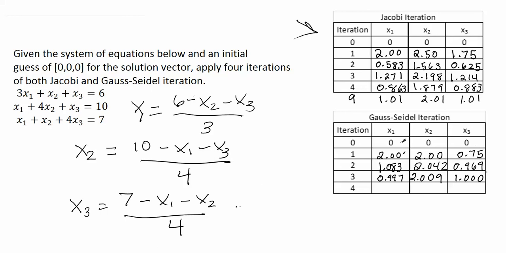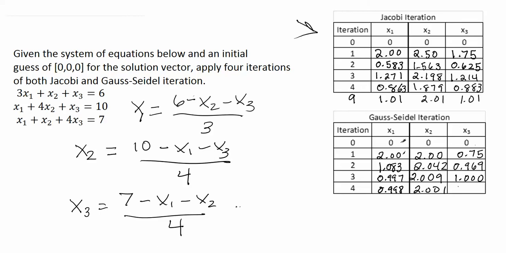So in iteration 4, we have 6 minus 2.009 minus 1.000, all divided by 3. So by iteration 4, I'm at 0.998. And I now apply equation 2, where I say 10 minus 0.998 minus 1.000, all divided by 4, gives me an answer of 2.001.